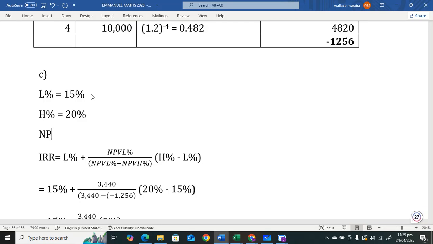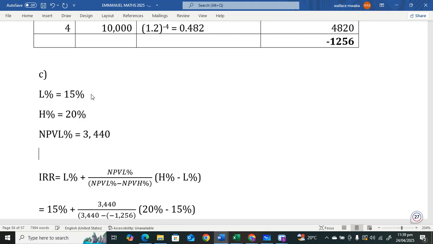Then NPV L percent, we said that was 3,440, right? In NPV H percent, you guys found negative what? Yes. So it's just a matter of substitution now.